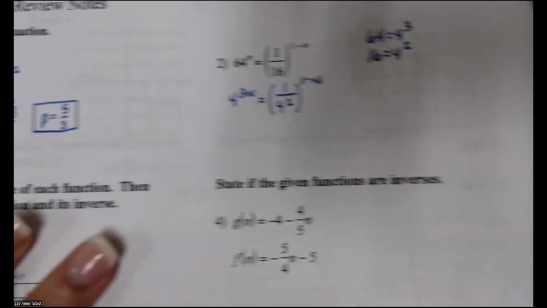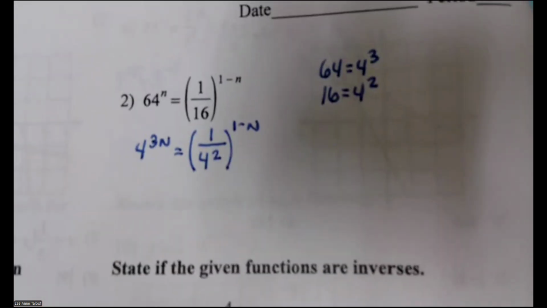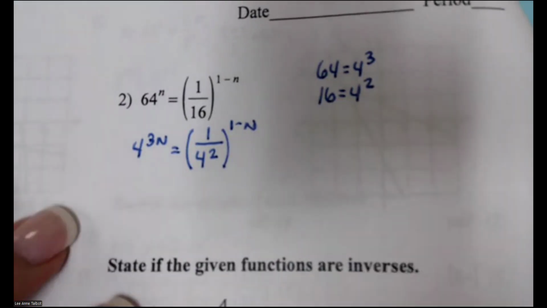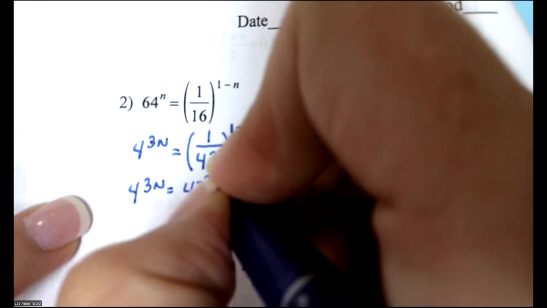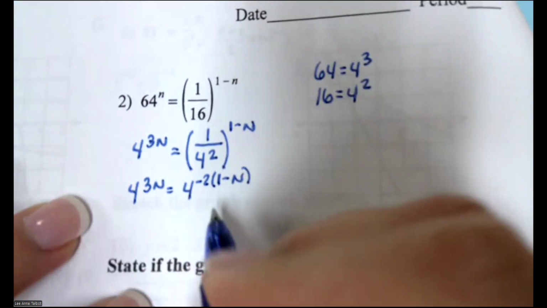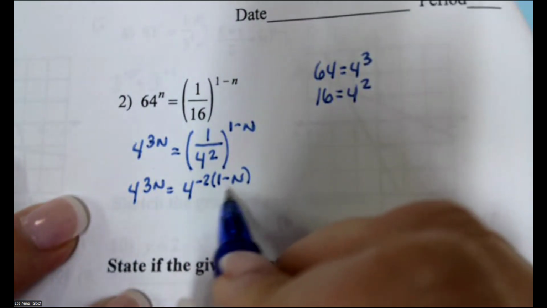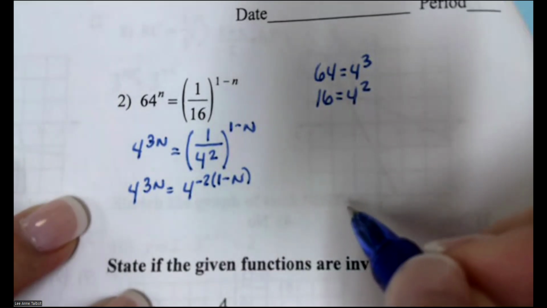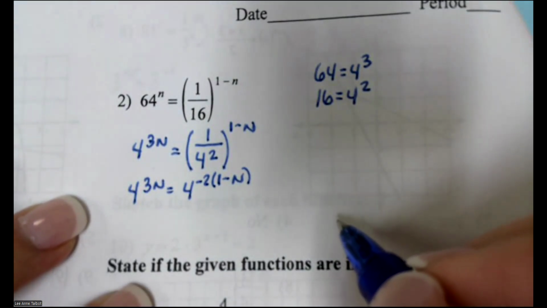Okay, now I'm going to move the 4 squared upstairs. And then you need to make sure that the binomial exponent is put in parentheses for a distributive property.